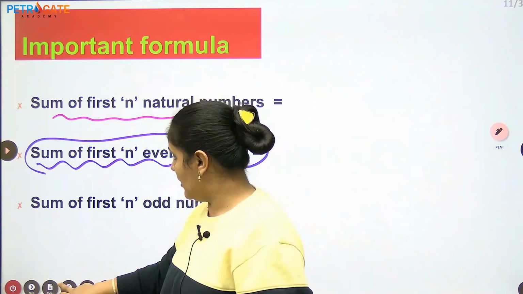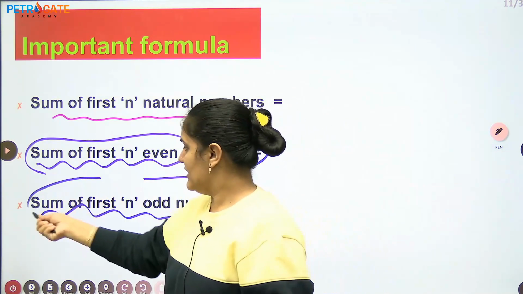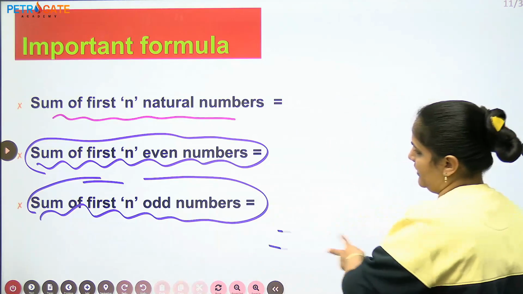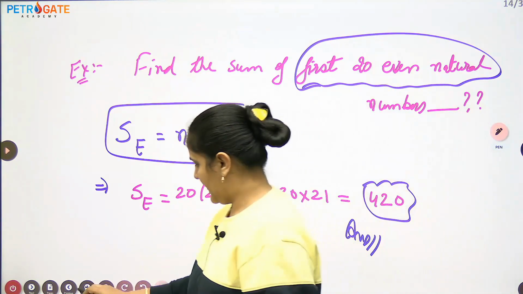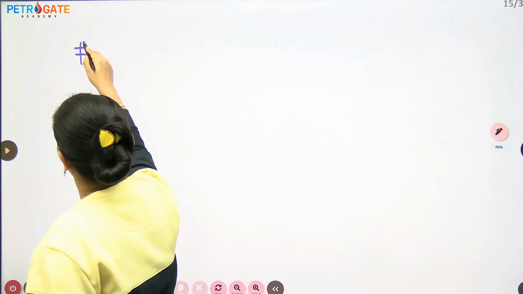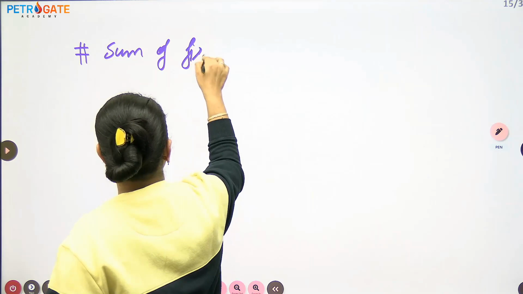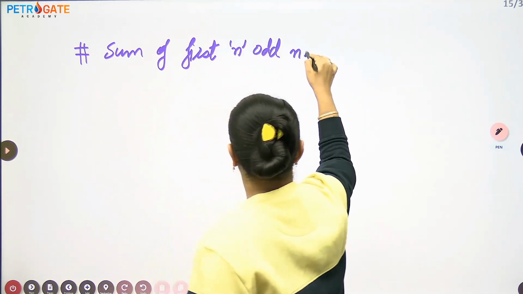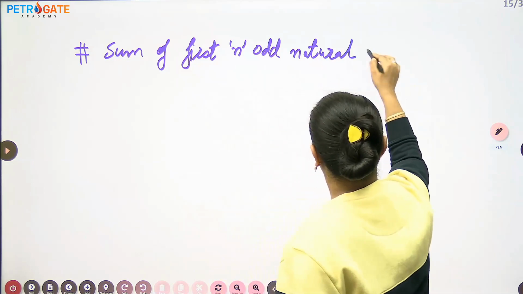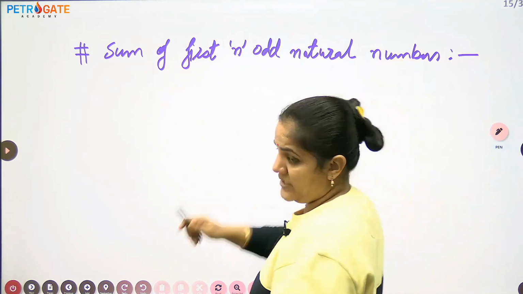Now let's have a discussion about odd also. Odd is also our friend. So, the sum of first n odd natural numbers. We can elaborate the formula of odd also. Is it visible?